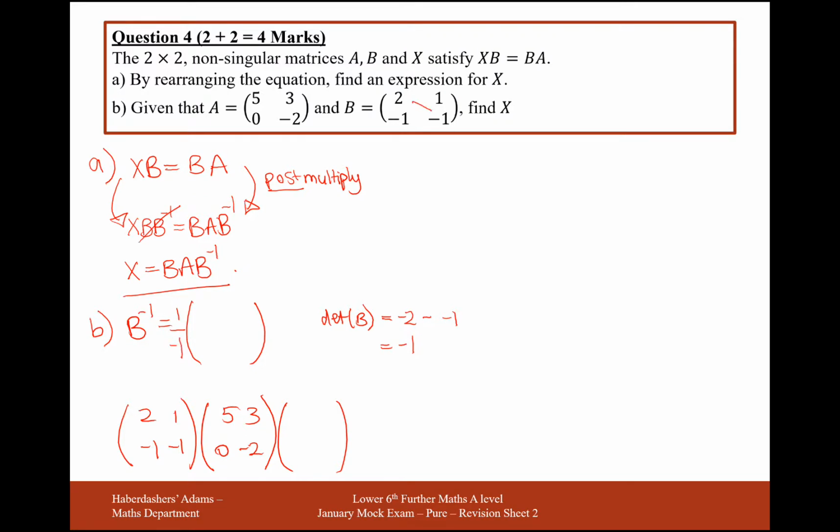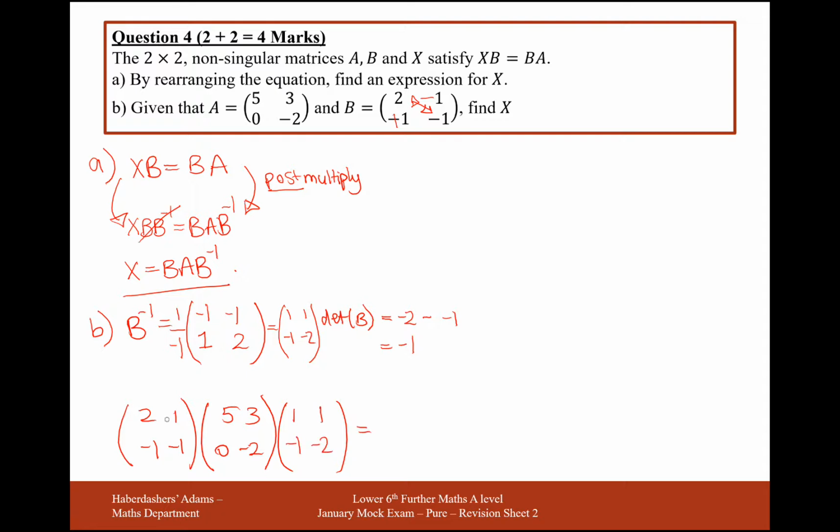Then we flip the leading diagonal, so minus 1 and 2 in the bottom right, and we negate the signs on these two here, so it's going to be a minus 1 and a positive 1 in the bottom left. Incorporating the negative into this matrix now, 1 over minus 1 is just minus 1, so that's going to be (1, 1, minus 1, minus 2). So this matrix is (1, 1, minus 1, minus 2).